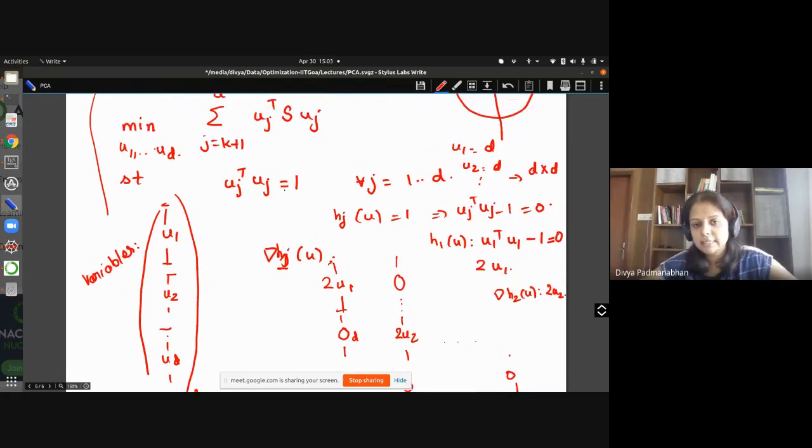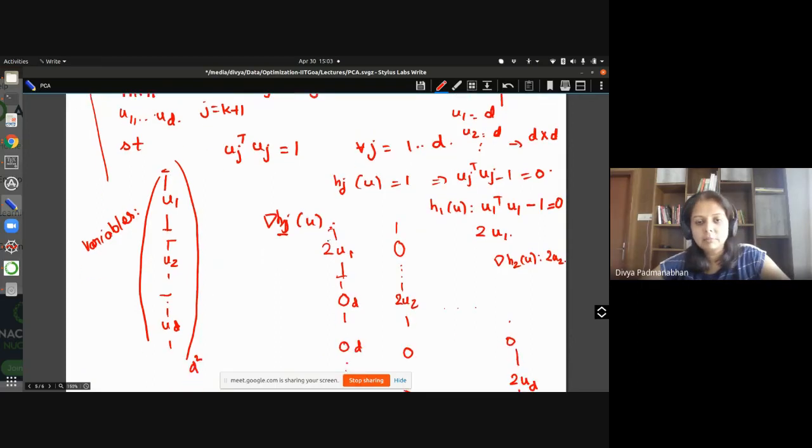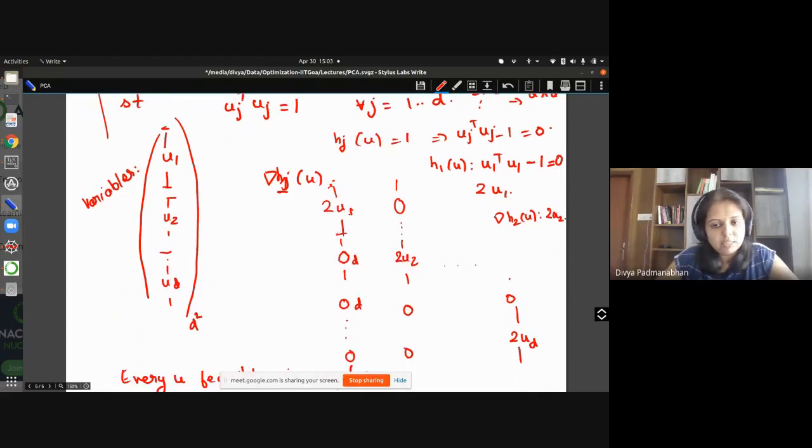Now I take each constraint and evaluate the gradient with respect to all these variables. The first constraint, h1, is u1 transpose u1 equals 1. The gradient with respect to u1 is 2u1, and with respect to u2 the gradient is 0, and so on. So for the first constraint I get 2u1, 0, 0, 0.